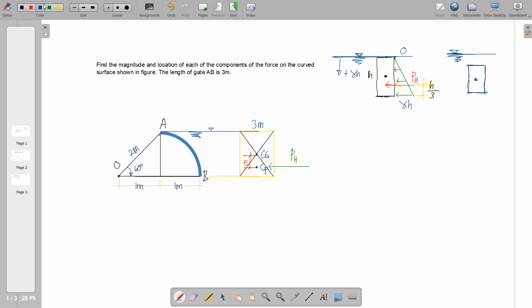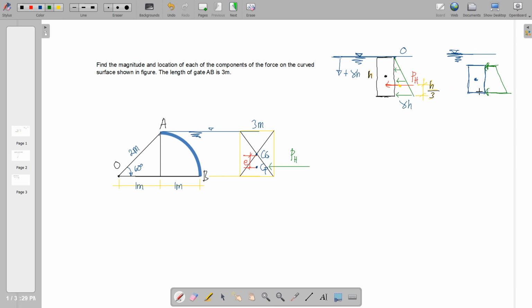Hence, the pressure distribution should be in trapezoidal form, wherein we have a larger value of pressure at the bottom. So the essence here, what I'm trying to point out is if you have a submerged portion that is over its topmost fiber, this could no longer be applied.